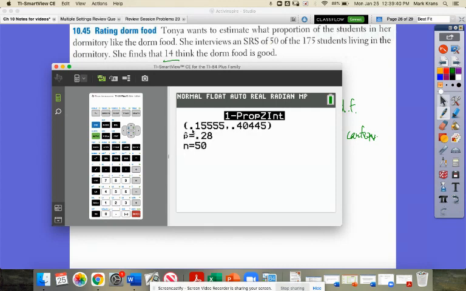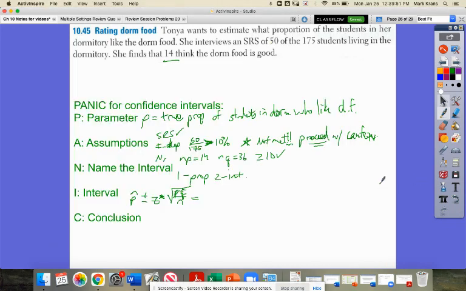And it calculates your interval: 0.15555 and 0.404. So I'll call it 0.16 to 0.40. And then we can draw a conclusion.